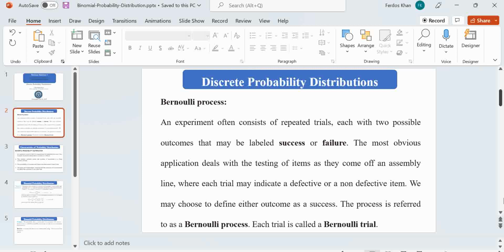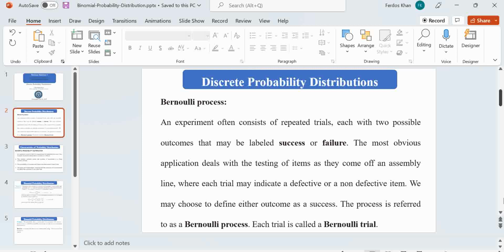The most obvious application deals with the testing of items as they come off an assembly line, where each trial may be indicated as a defective or a non-defective item. We may choose to define either outcome as a success. The process is referred to as a Bernoulli process. Each trial is called a Bernoulli trial.